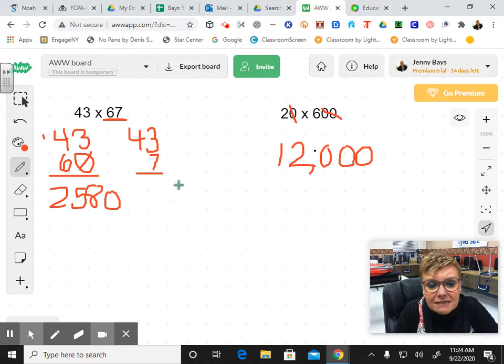Now 43 times 7. 7 times 3 is 21. 2 to carry. 4 times 7 is 28, plus 2 makes 30.